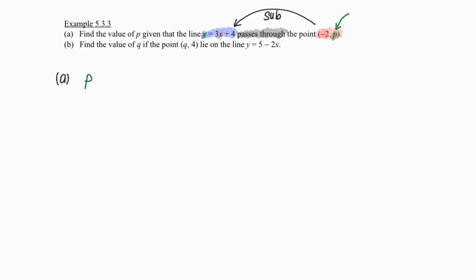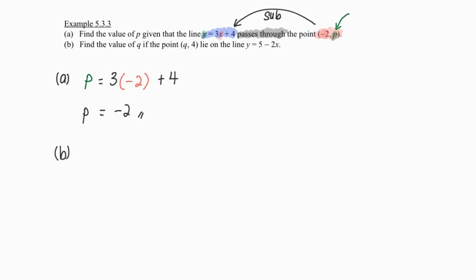P equals 3 bracket negative 2 plus 4. So from here, I will be able to get my answer pretty straightforward. Negative 2. Done.